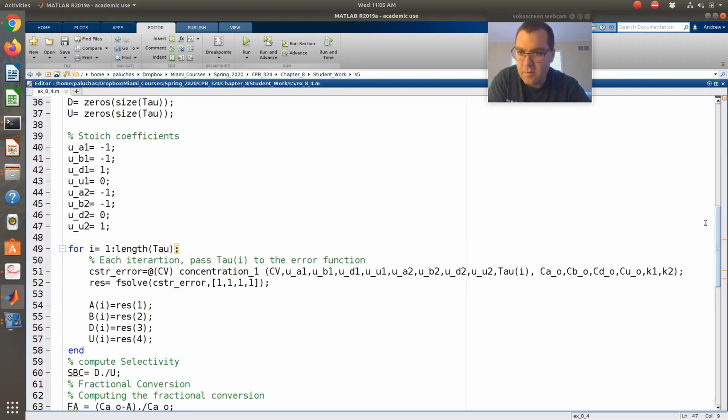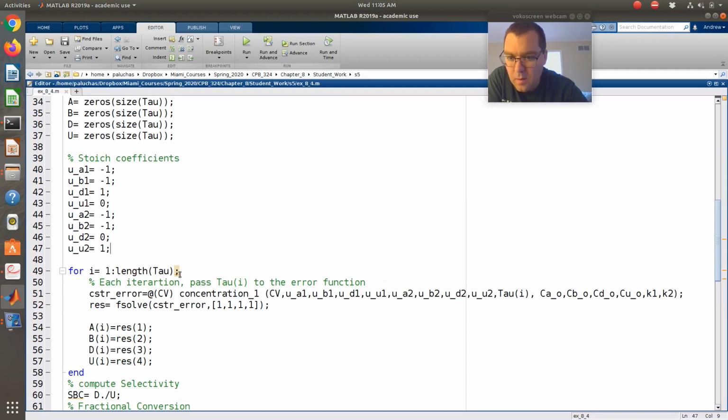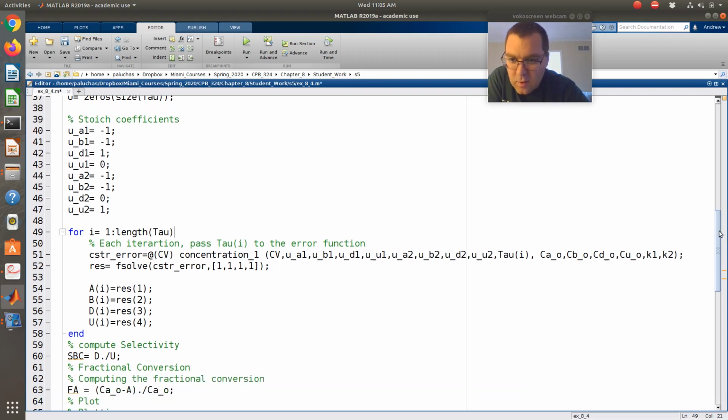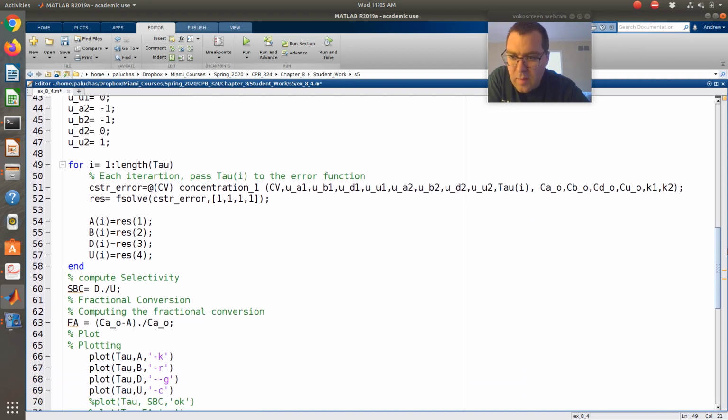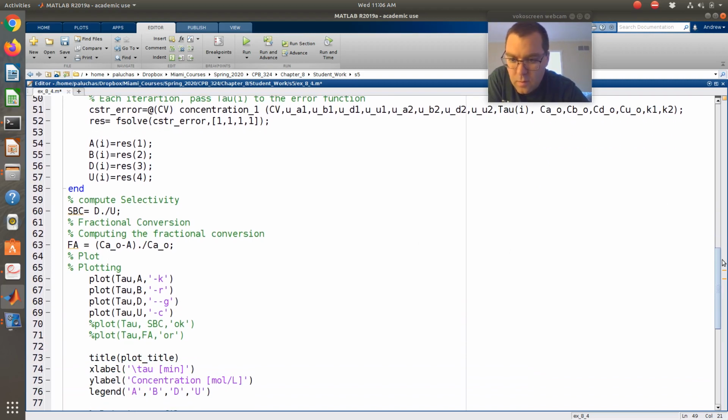Alright, so now we have this for loop for I equals 1 to length tau. Okay, no need for a semicolon here. Each iteration you pass tau I. That's good. You solve for A, B, D, and U. Okay, that's fine. These are just underlined in red because you don't use them.